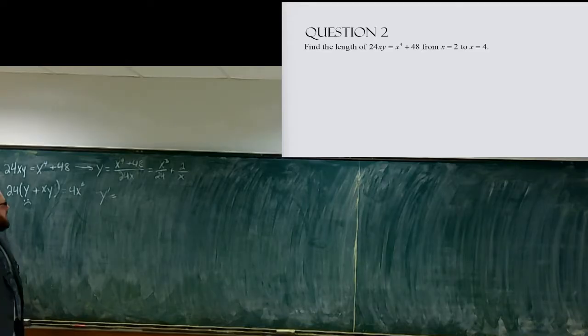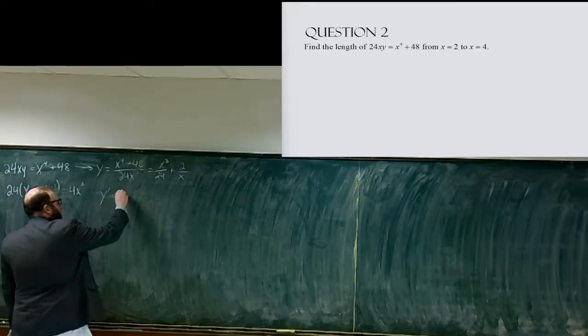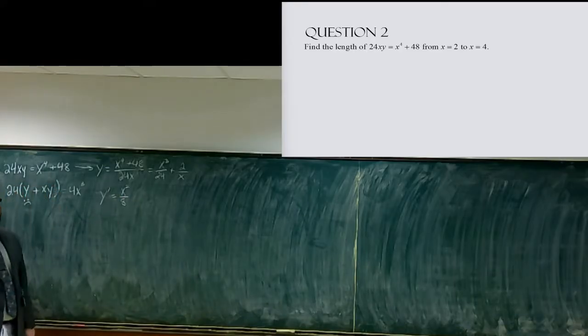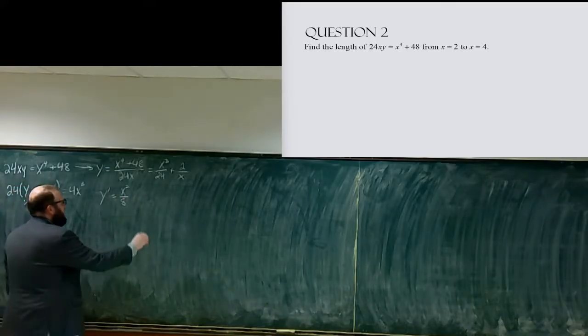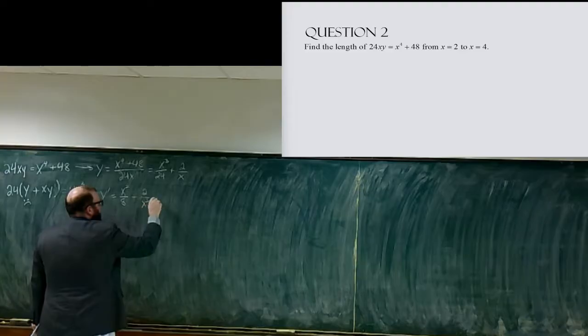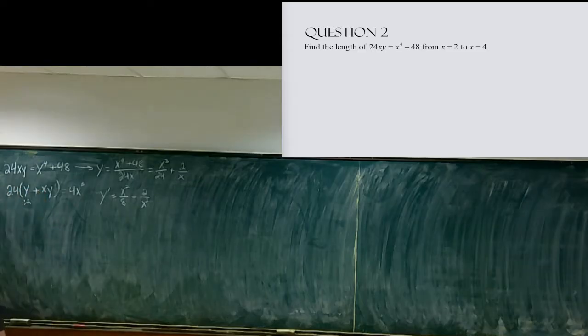This is easy enough to solve. 3 over 24, 1 over 8, right? And that would be negative 2 over x squared.